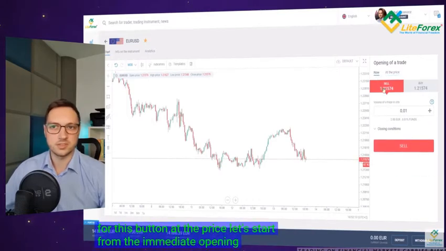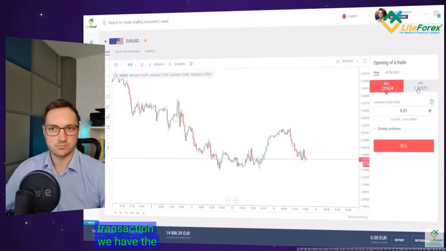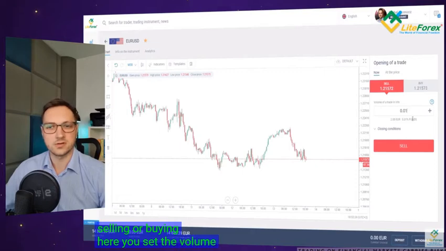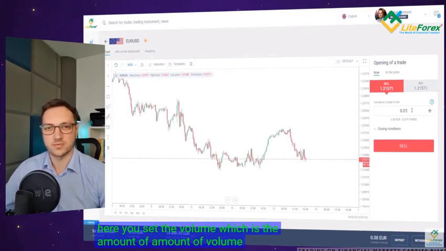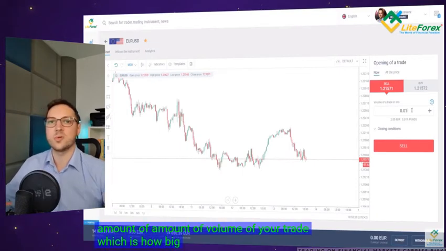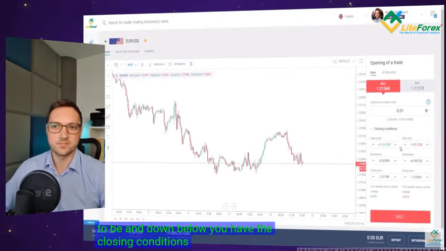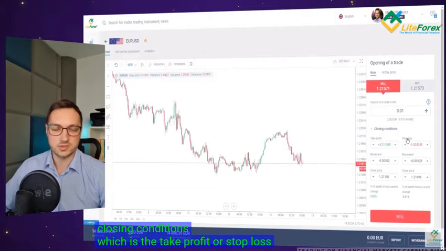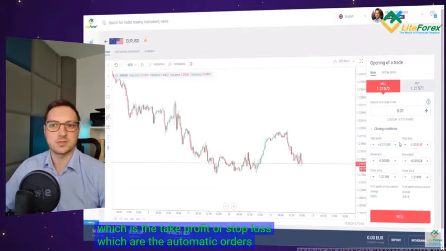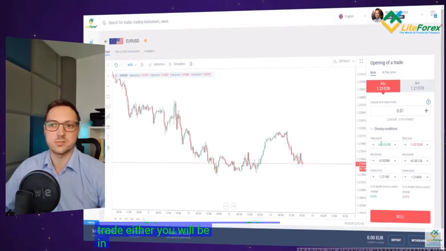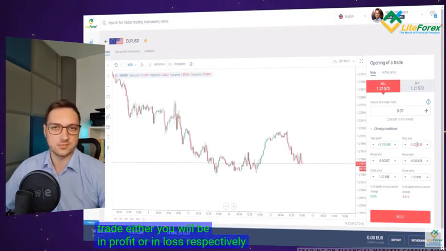Let's start from the immediate opening of a transaction. We have two directions, of course, selling or buying. Here you set the volume, which is how big you want your position to be. And down below you have the closing conditions, which are take profit and stop loss, the automatic orders for closing your trade, either in profit or in loss respectively.